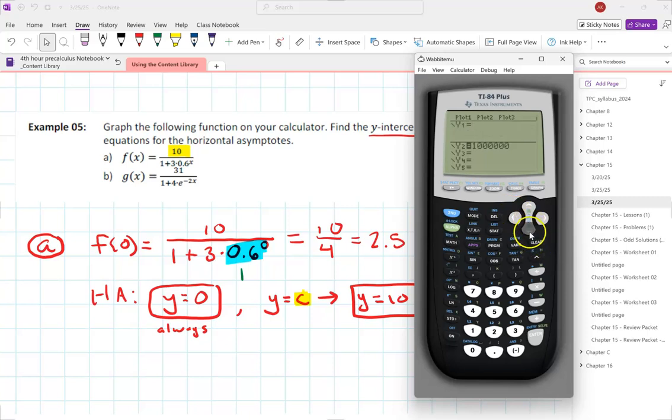I'm going to type in equation B here and just show you on the calculator what the graph would look like. Oops. Hold on, I missed the 4 there out front. Okay.